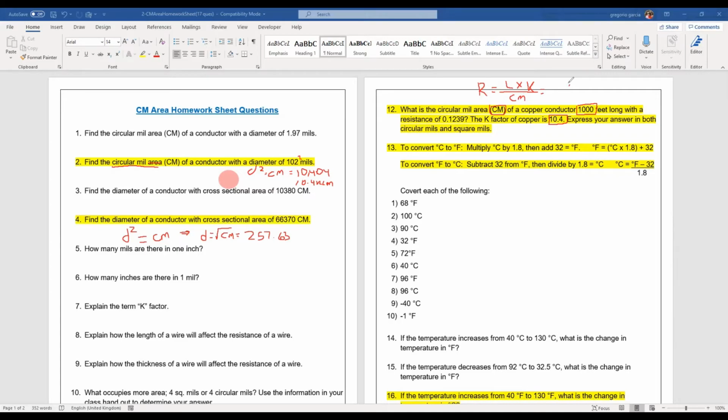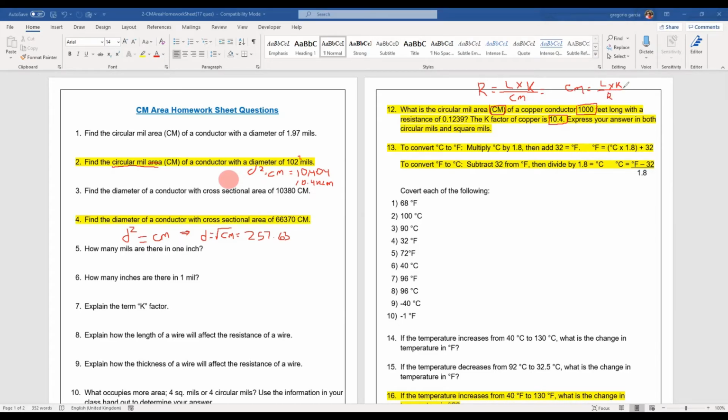CM is equal to L times K divided by R, because the CM that was dividing goes to the other side of the equal sign performing the inverse operation, multiplying, and R that was multiplying comes to the other side, dividing.